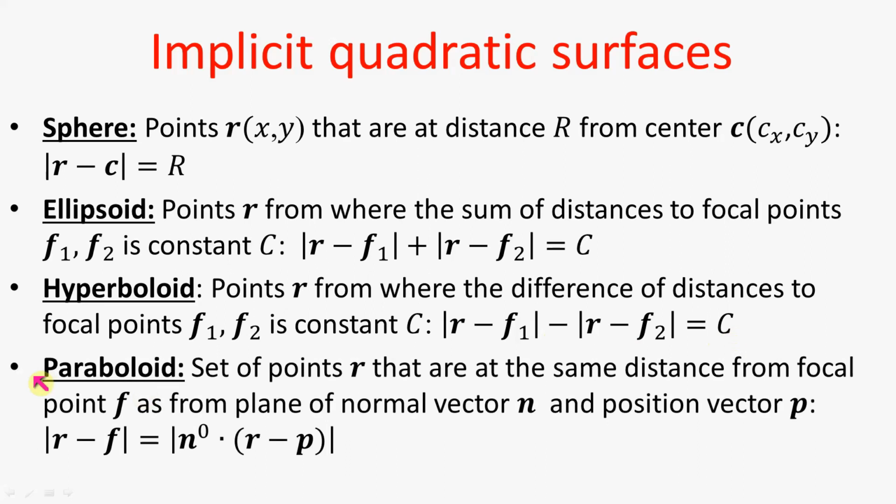Finally, the paraboloid is the set of those points where the distance from a focal point f is the same as the distance from a plane defined by position vector p and unit normal n0. The distance from point f can be obtained by calculating the difference vector and the magnitude of that difference vector.